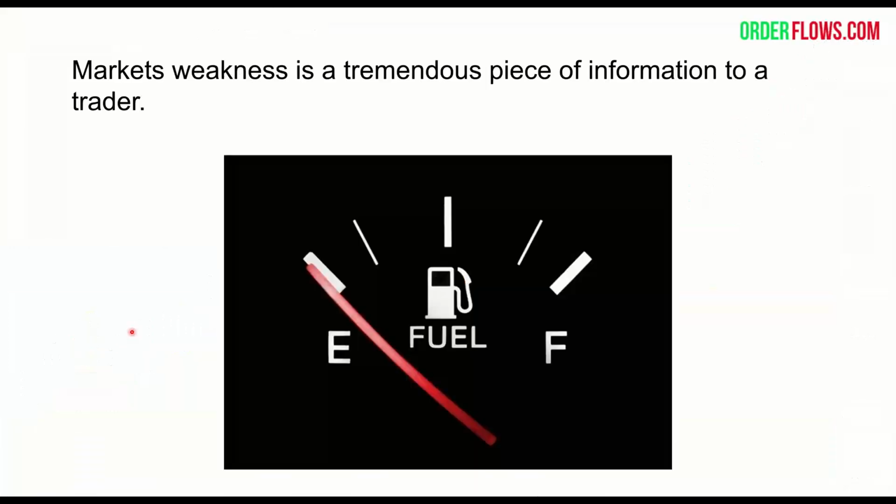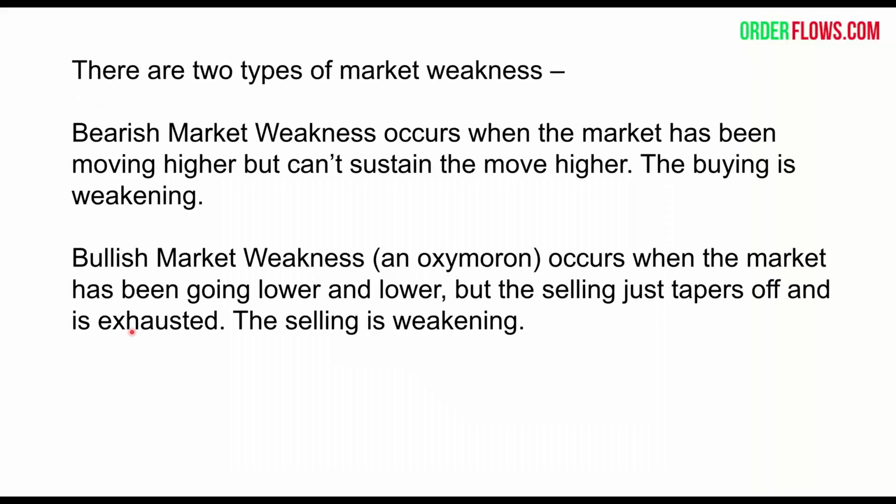Trading around these levels. Now, market weakness is another piece of information that a trader can have, and it shows up in the order flow. There's 2 types of market weakness. When people think of market weakness, they don't think in terms of bullish and bearish. But bearish market weakness occurs when the market has been moving higher but can't sustain the move higher. The buying is weakening.